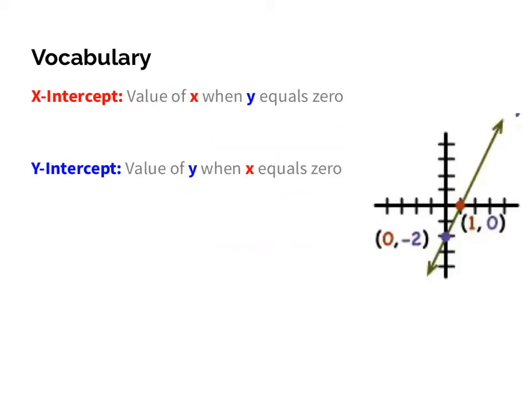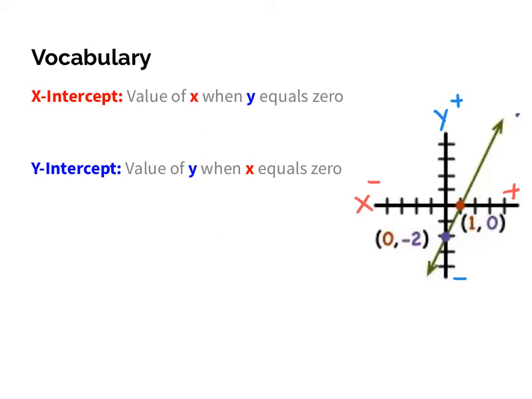So in order to graph things written in standard form, an easy way to do this is to find what's called an intercept. An intercept is a point on a graph where the line crosses the two respective axes. On any sort of graph, remember that you always have the x-axis, which goes left to right, and the y-axis that goes up and down. The positive versus negative would mean if I'm going up or down, or right versus left, okay?